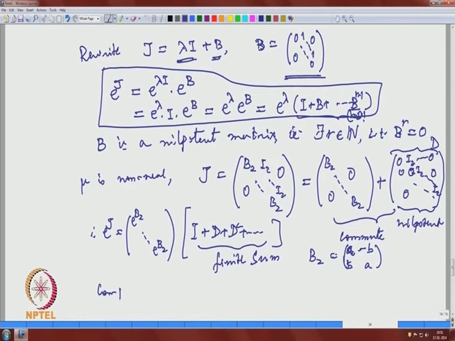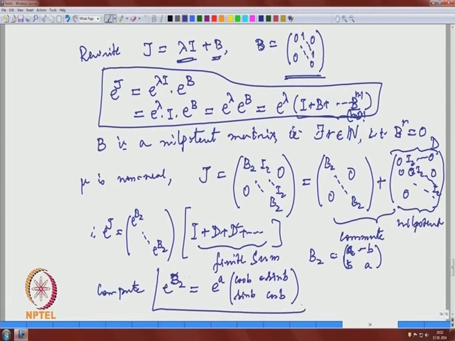So, compute e to the B2, which is equal to e to the A times the matrix cos B, minus sin B, sin B, cos B. Okay. So, it is not difficult to compute that.